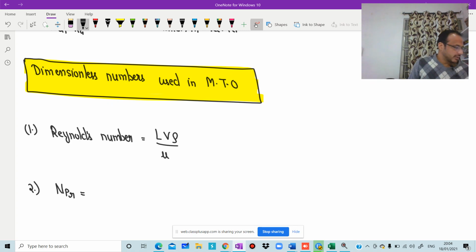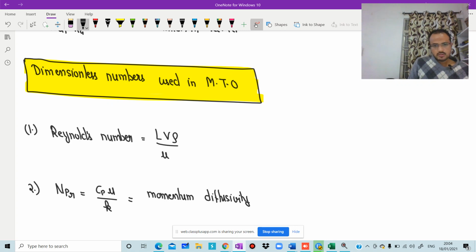The value of Prandtl number is Cp mu by K, or it is defined as the ratio of momentum diffusivity by thermal diffusivity.